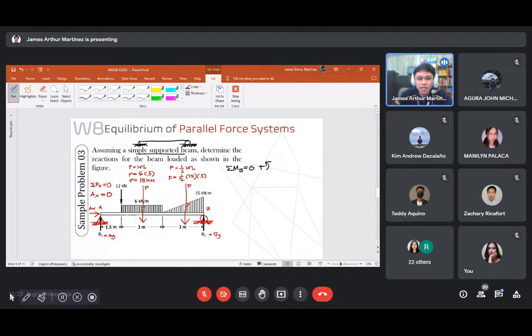So, how much is F? F therefore is 15 times 3 is 45 divided by 2, that is 22.5 kilonewtons also. Okay? So we now have the equivalent concentrated loads. Next, let us also establish its distances so it is easier to locate.